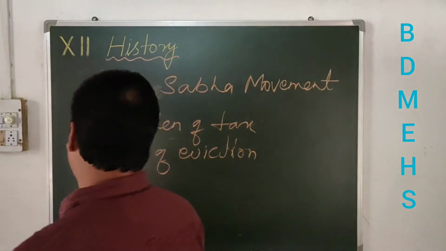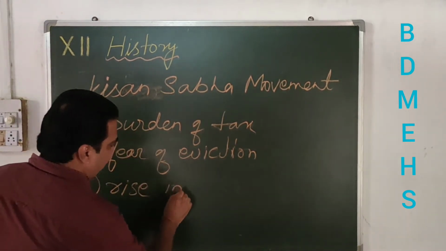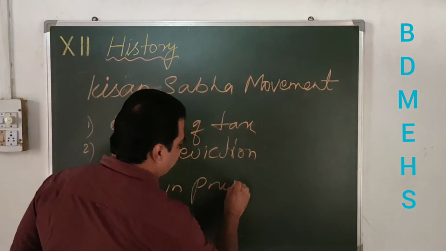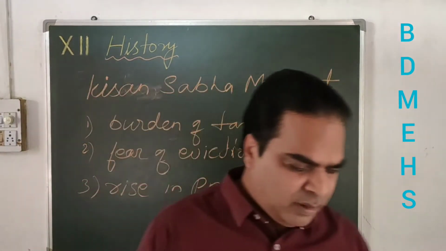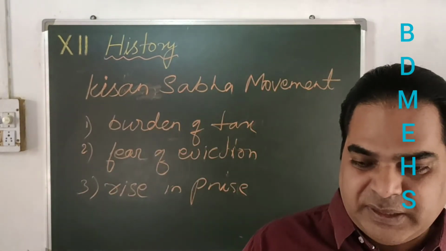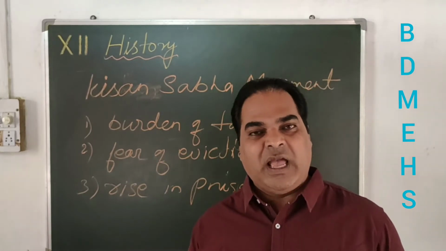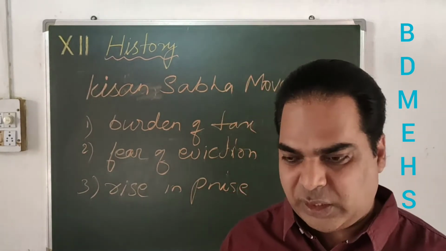And the next one we have is the rise in price. What is the meaning of a rise in price? That was a time when the World War was going on, and India also was dragged into the First World War.